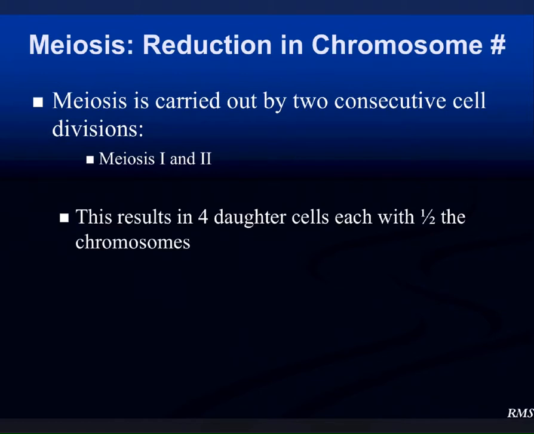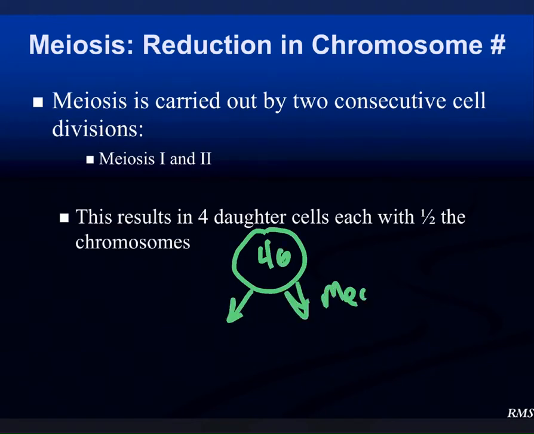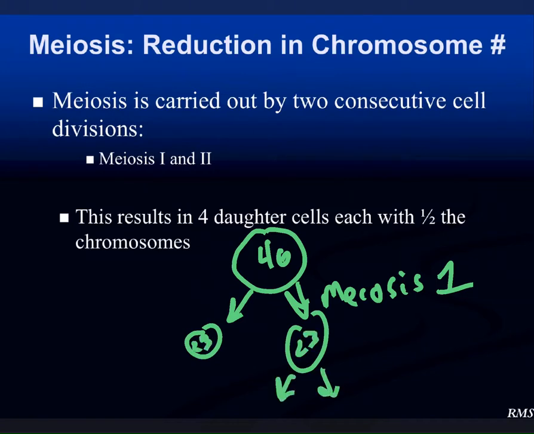So in meiosis, you're going to have one cell, and we'll use humans as an example. If we have that one cell with 46 chromosomes, that's going to divide by meiosis 1 into two cells, and these have 23 chromosomes. But it's not done.